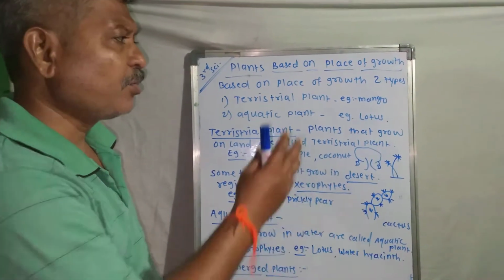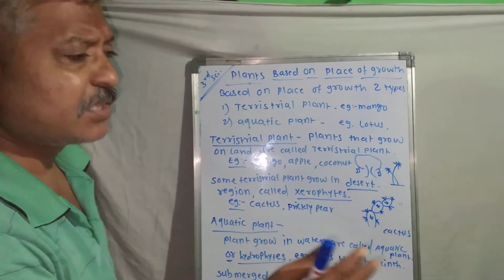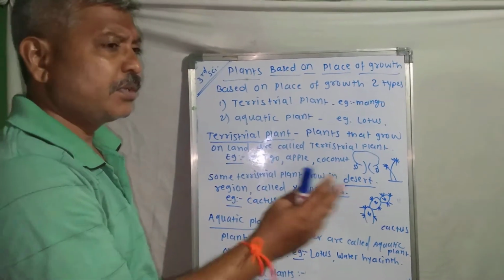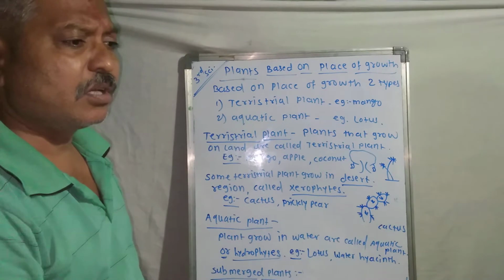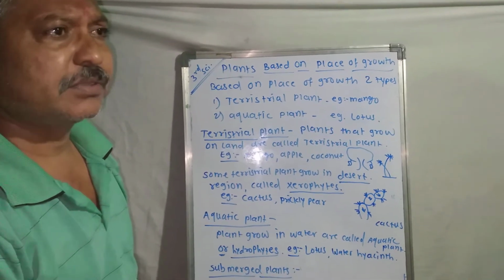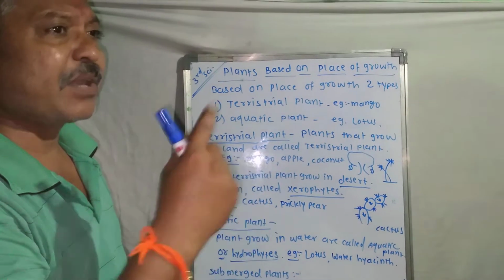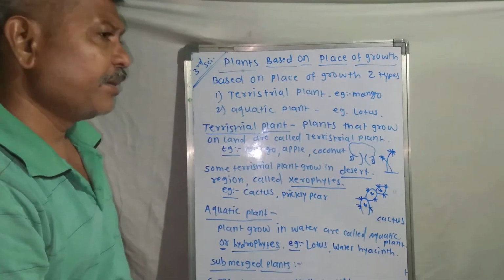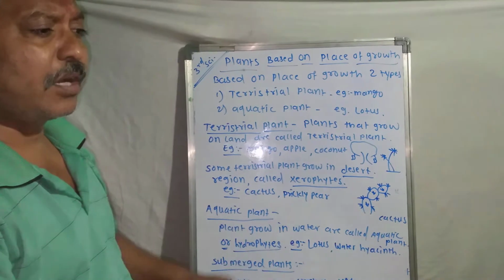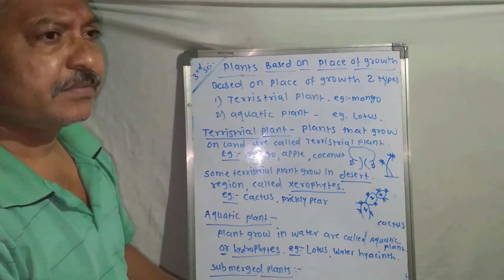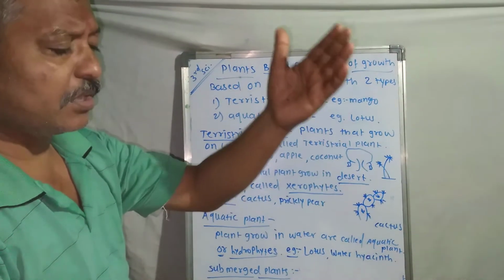We know that plants grow in almost all areas of the earth. So based on where the plants are growing, means according to their habitats where the plants live.